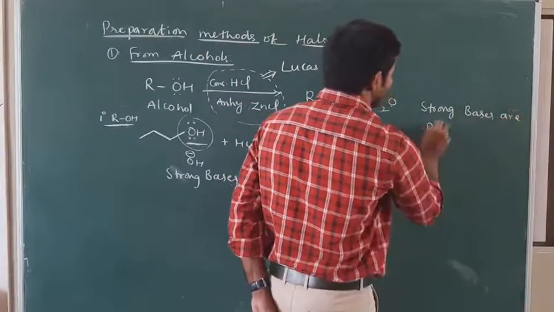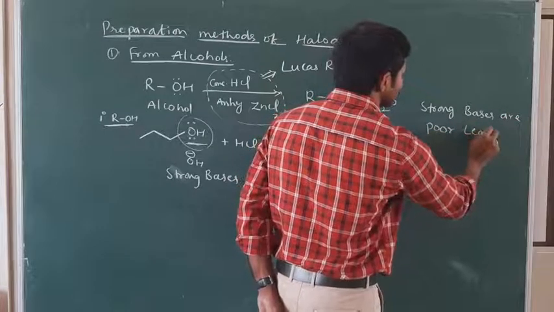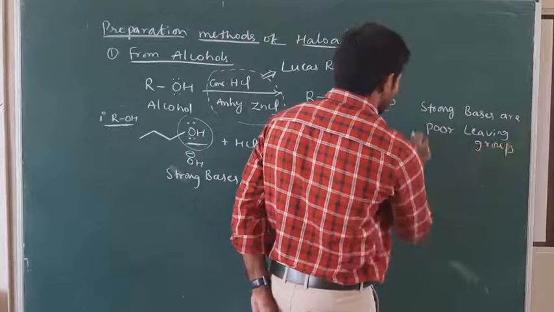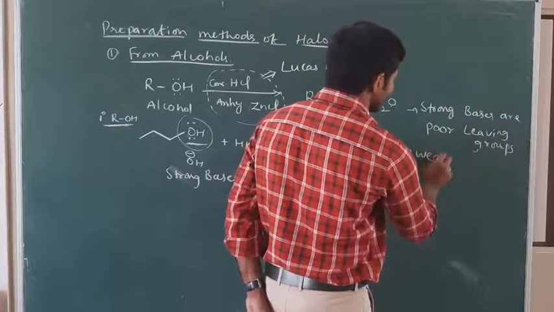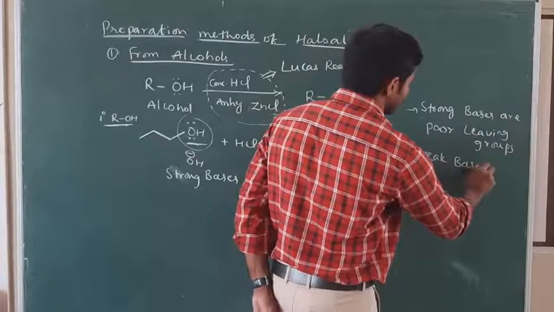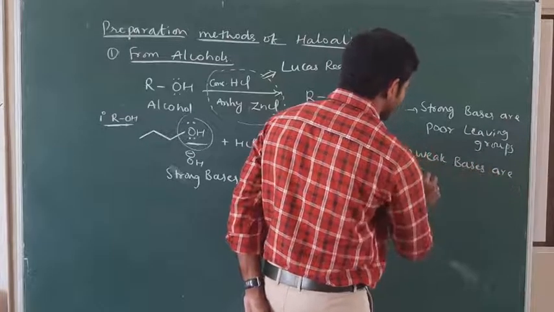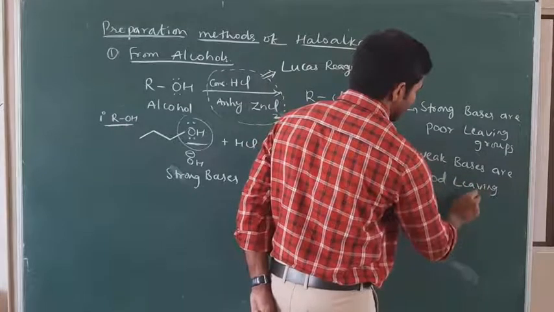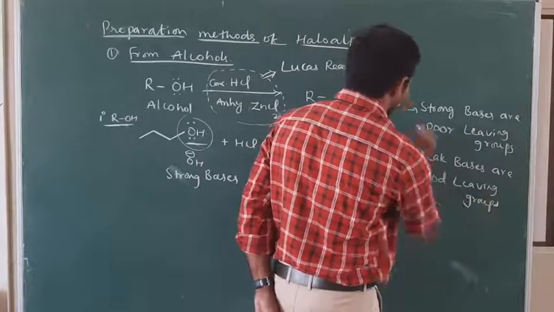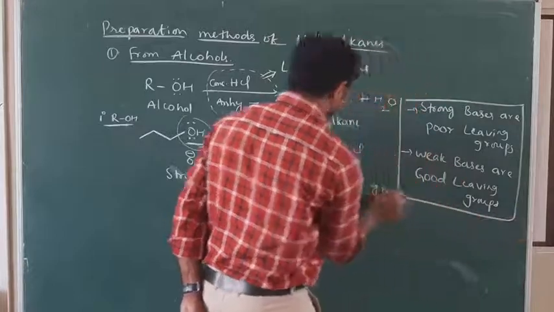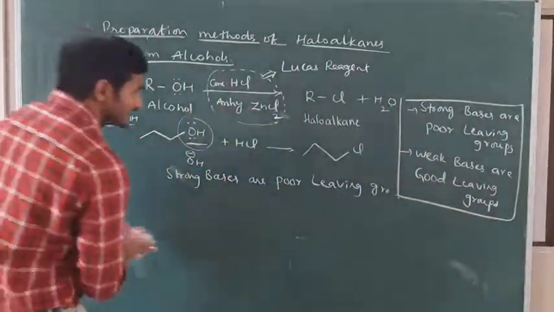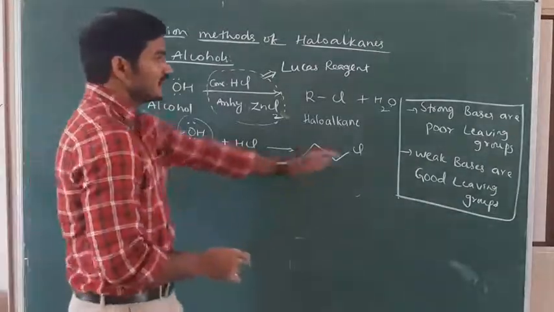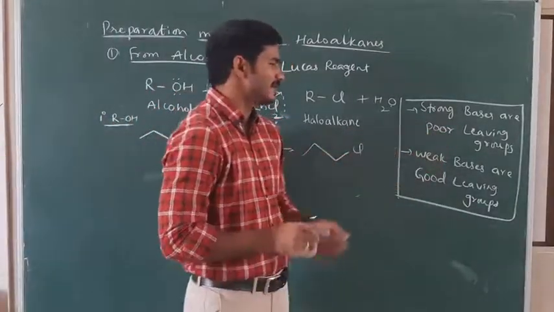Strong bases are poor leaving groups. What is a leaving group? I'll explain this. And weak bases are good leaving groups. You see, strong bases are poor leaving groups, weak bases are good leaving groups.